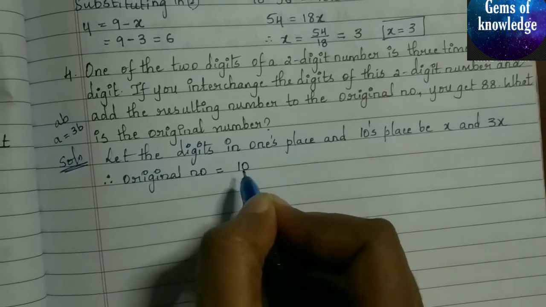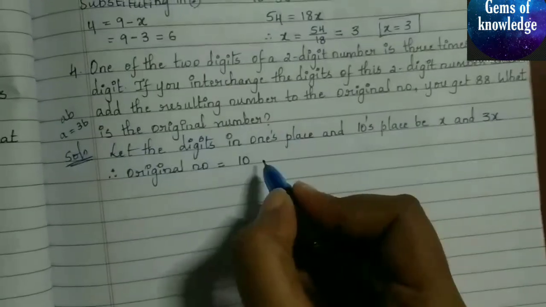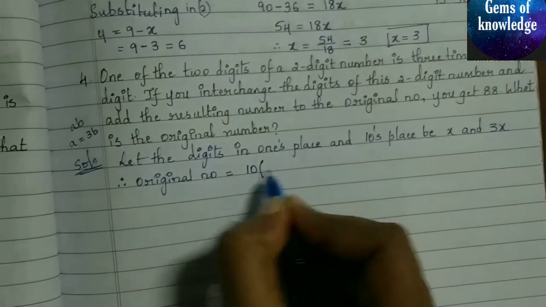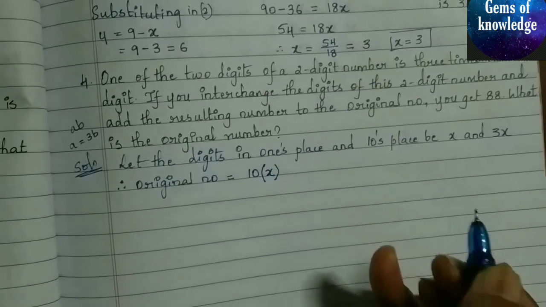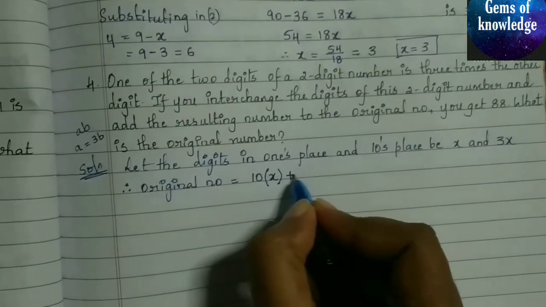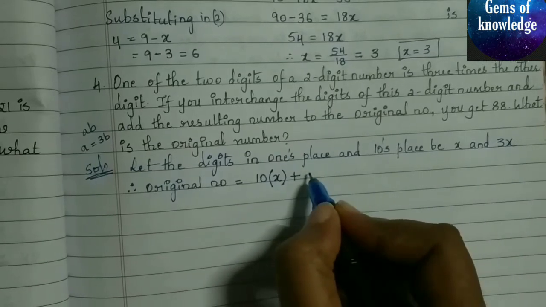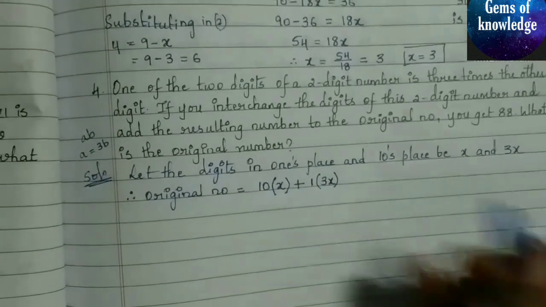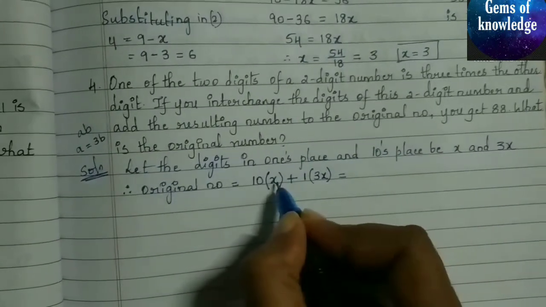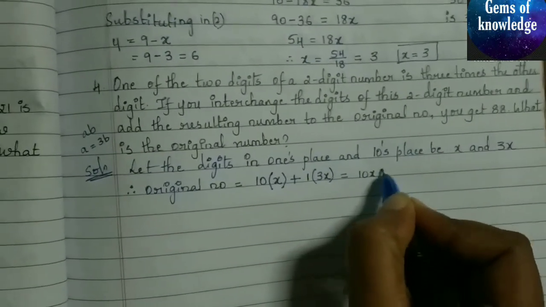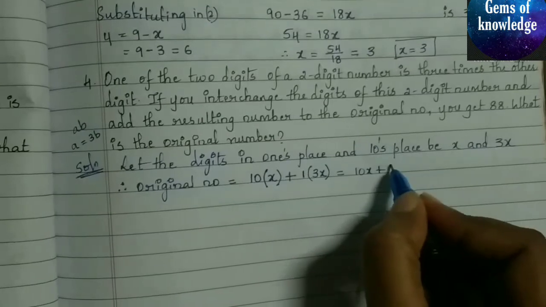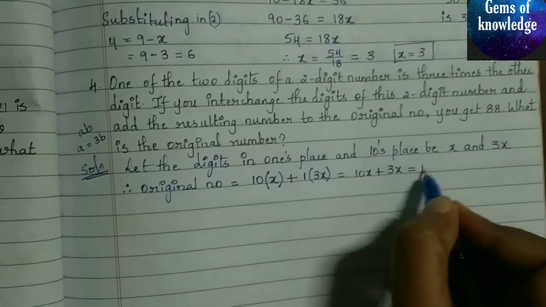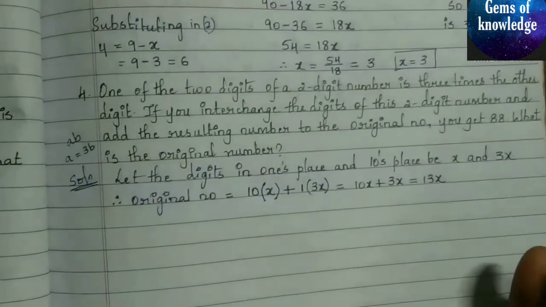So we will write 10 into x in tens place, plus 3x in ones place. So 10 times x is 10x, plus 1 times 3x is 3x, so we will get the original number to be 13x.